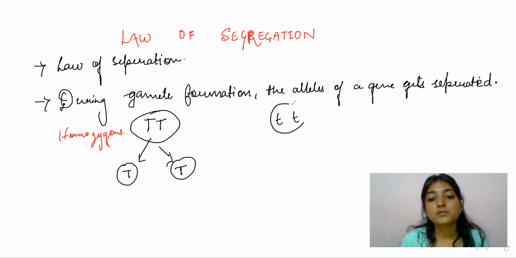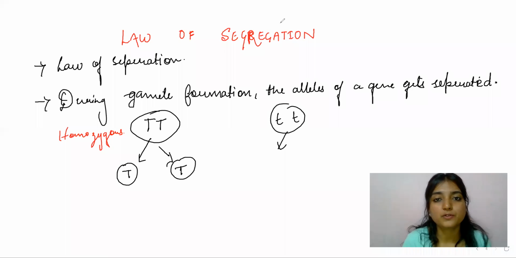Now let us take something different: capital T, small t, that is again the heterozygous.